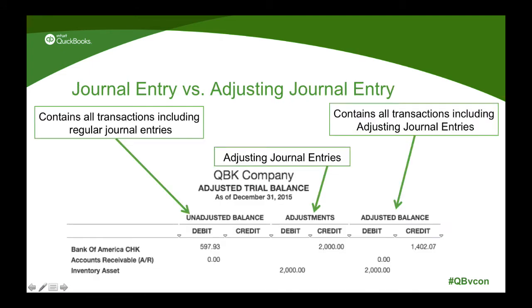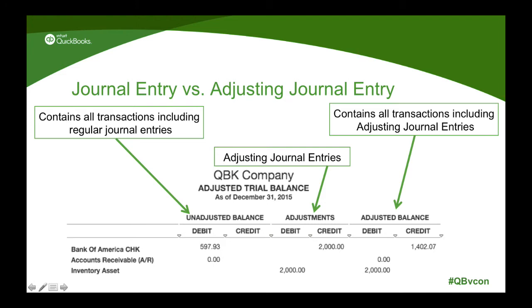All right. So now, what is the significance of making an adjusting journal entry instead of a regular, standard, plain vanilla journal entry? If we make a journal entry without that little checkbox, all those journal entries will be considered client-side corrections, and they're going to be under the unadjusted balance in QuickBooks Online.